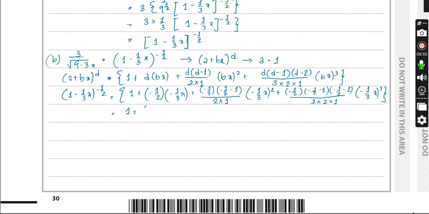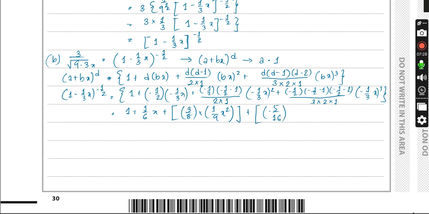So this would be 1 plus 1 by 6x plus, if you do it, minus half multiplied by (minus half minus 1) divided by 2, this would come out to be 3 by 8. So 3 by 8, and (minus 1 by 3x) whole square would be 1 by 9x squared, plus if you do this in the bracket, this would be minus 5 by 16.